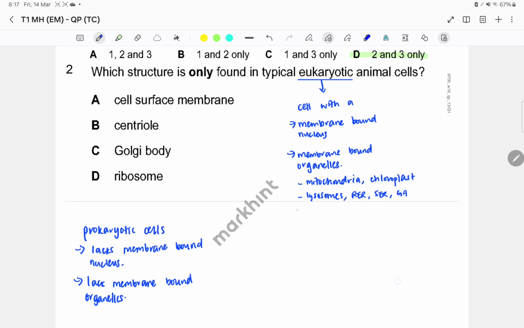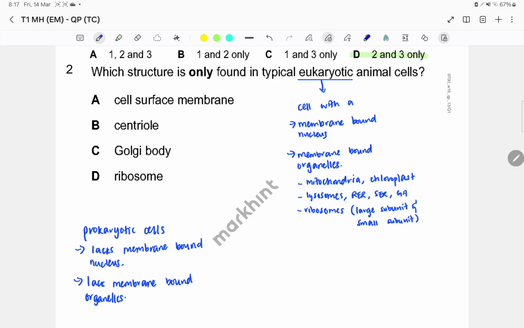Whereas ribosomes do not have a membrane. But what we do know is that ribosomes, especially the 80S ribosomes that we have, have a large subunit and a small subunit. So that's an example you can add into your notes.